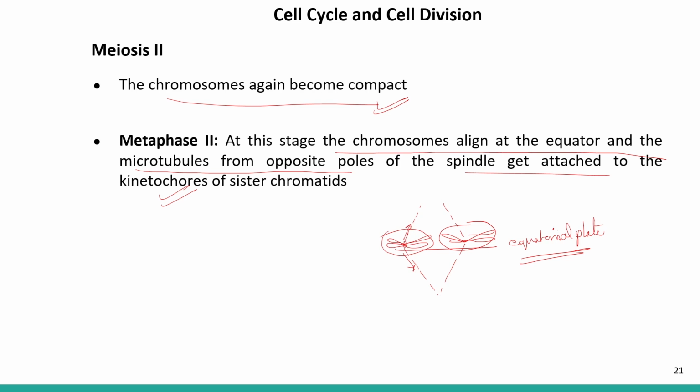And these chromatids get separated like this, and move toward the opposite pole. But at the metaphase stage, we can see that all the chromosomes are arranged at the equatorial plate, right? And the microtubules from the opposite poles of the spindle get attached to the kinetochores of the sister chromatids.